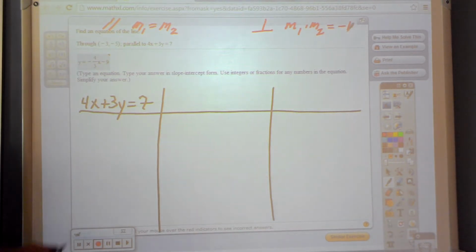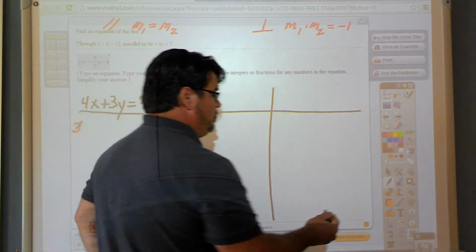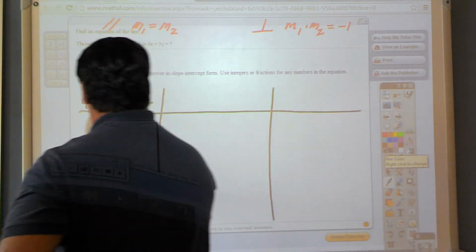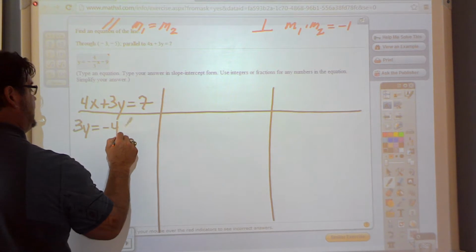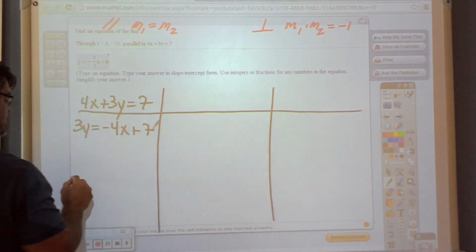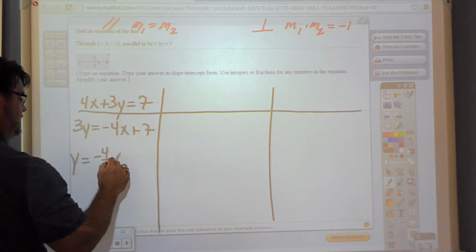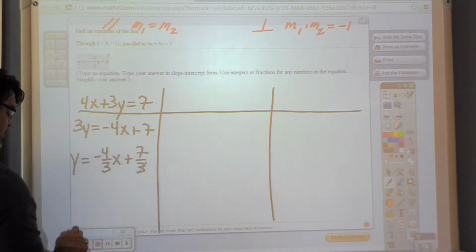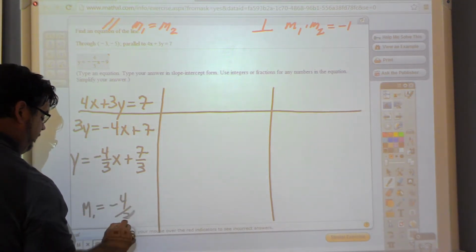So 4x plus 3y is equal to 7, so 3y is equal to -4x plus 7. Y is equal to -4/3 x plus 7/3. M sub 1 is equal to -4/3.